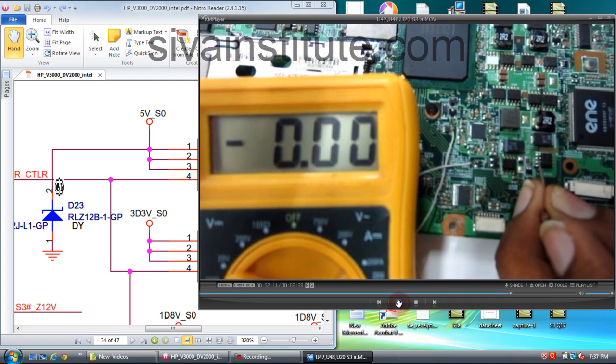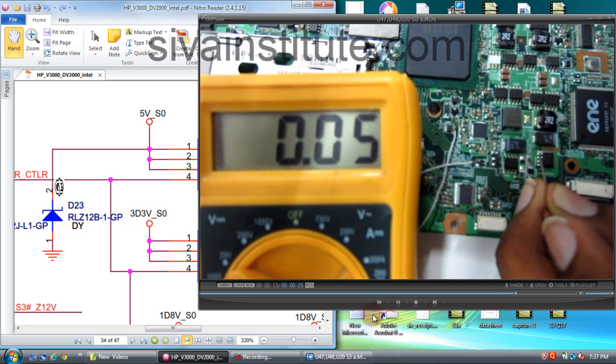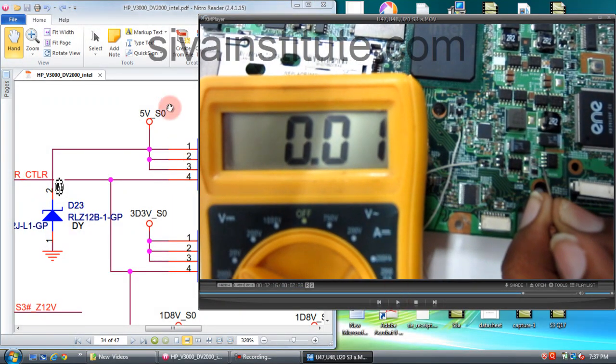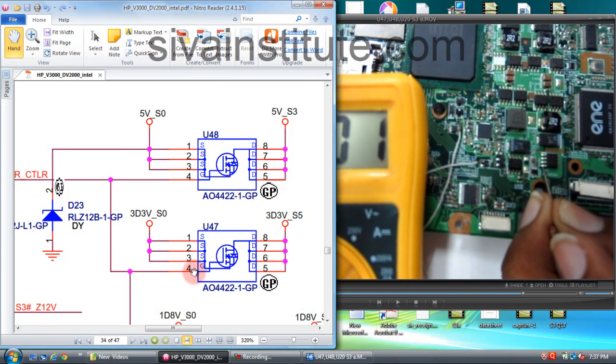No voltage at this point. Gate voltage also 0. This voltage is okay, but no voltage at this point because there is no gate voltage. When you give gate voltage, this voltage comes out from this U47.